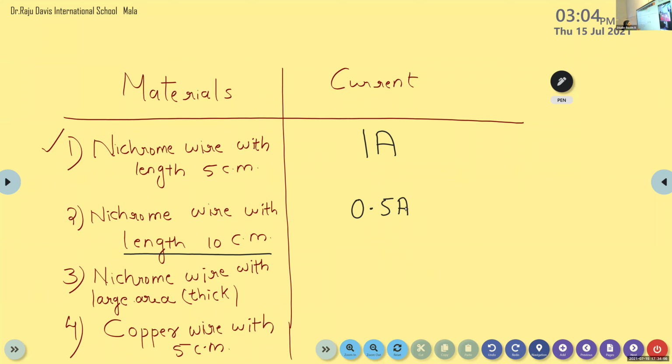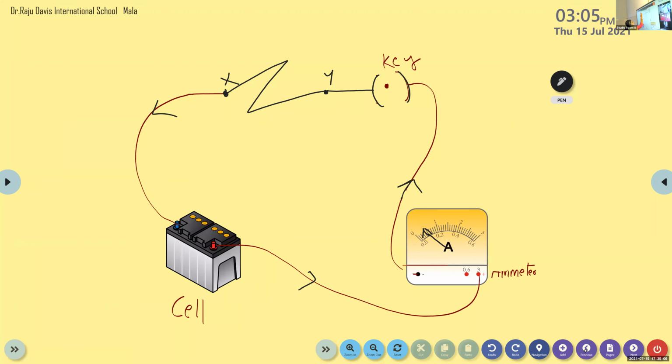Now we are going to connect a nichrome wire with the same length, 5 centimeter, but it has a larger area of cross section. Here the 10 centimeter nichrome wire is replaced by a nichrome wire with a larger area of cross section.